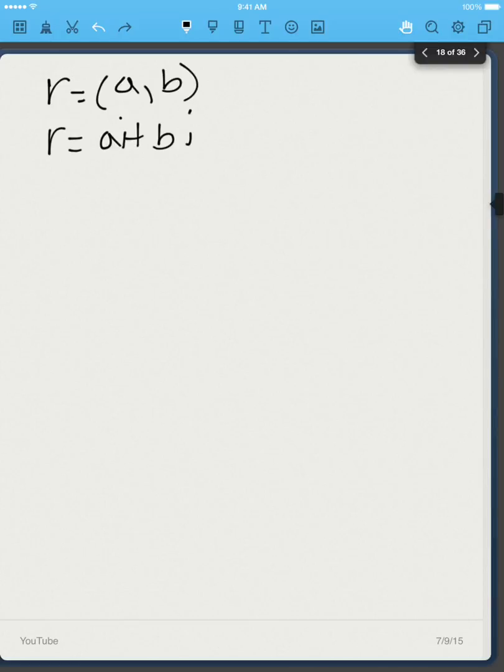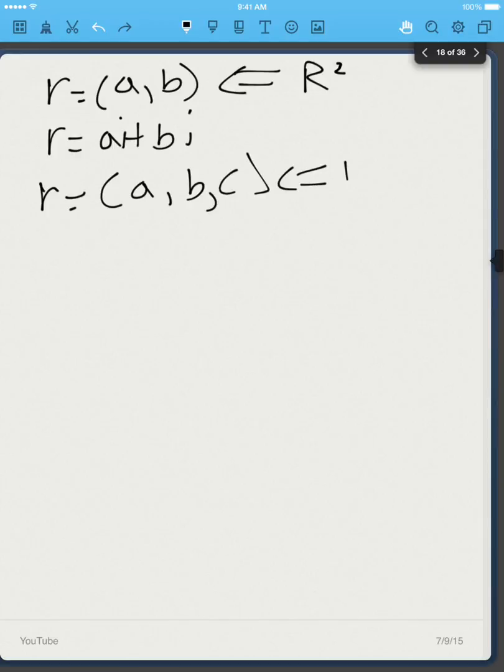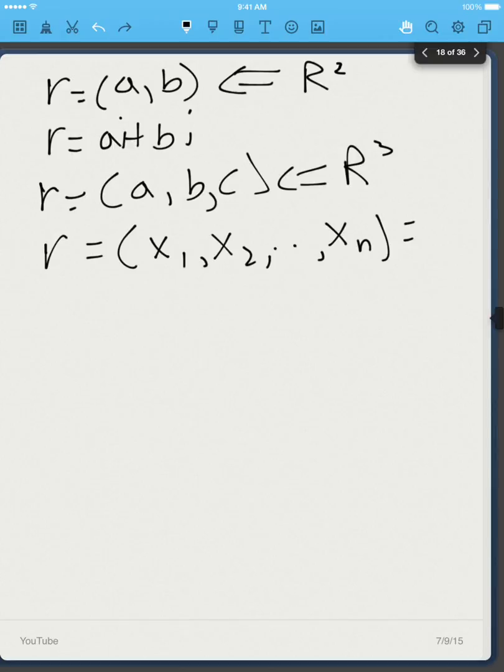More generally, this is for R2. We can think of R3 as (a, b, c). Then the more general case that we're usually interested in is Rn, which with new notation we could say (x1, x2, and so on, up to xn).